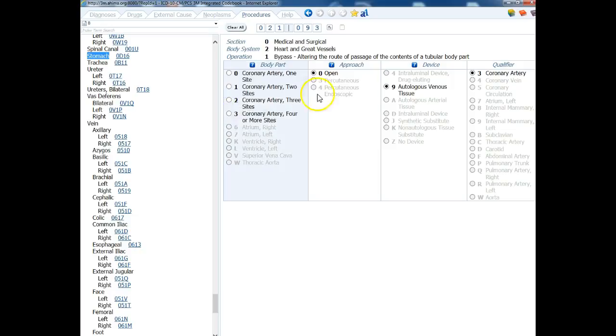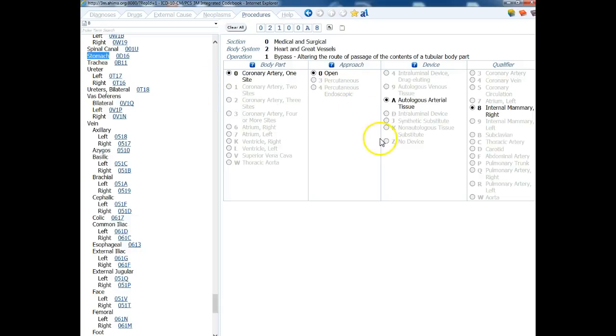However, if I am using a combination of arterial tissue and venous tissue, I am performing a different procedure on the coronary arteries, and they have to be coded differently. So I can use autologous venous tissue on 2 arteries, and then I can use arterial tissue coming from the right internal mammary on 1 artery.